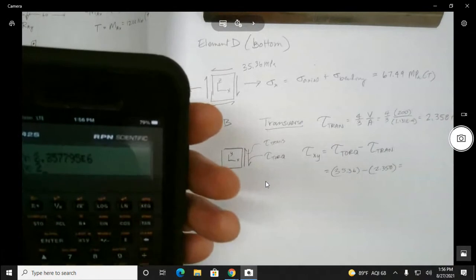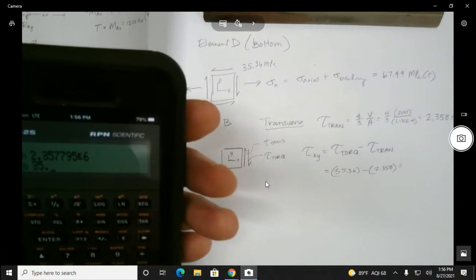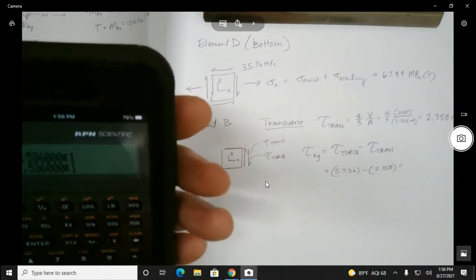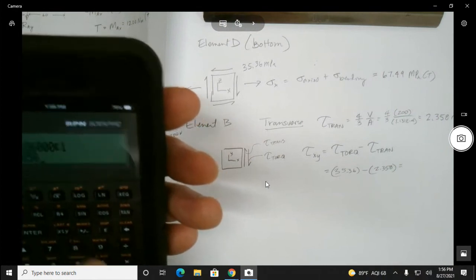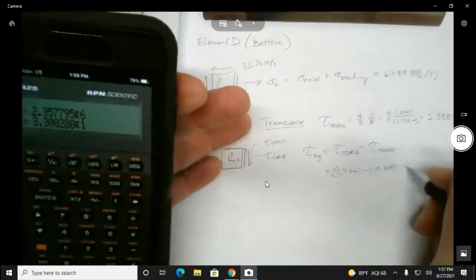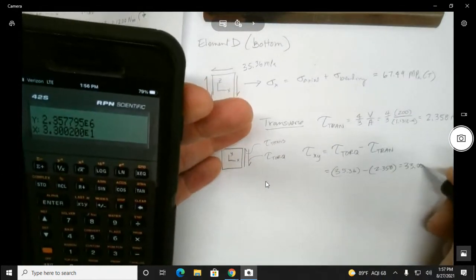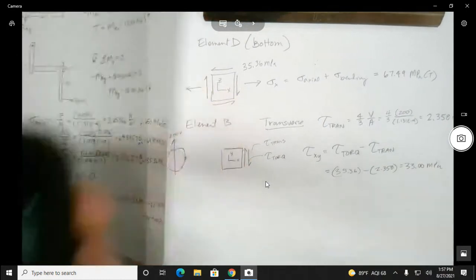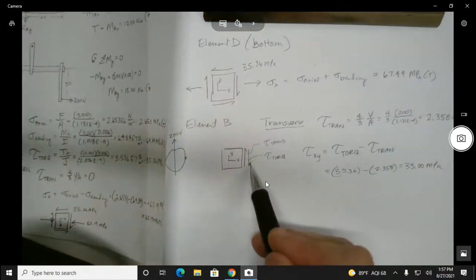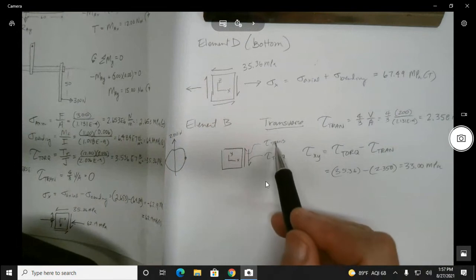So I'll just type it in, 35.36 minus 2.358, so they get 33.00 megapascals. And we know that it's going to be going downward here because the torque was bigger than the trans.